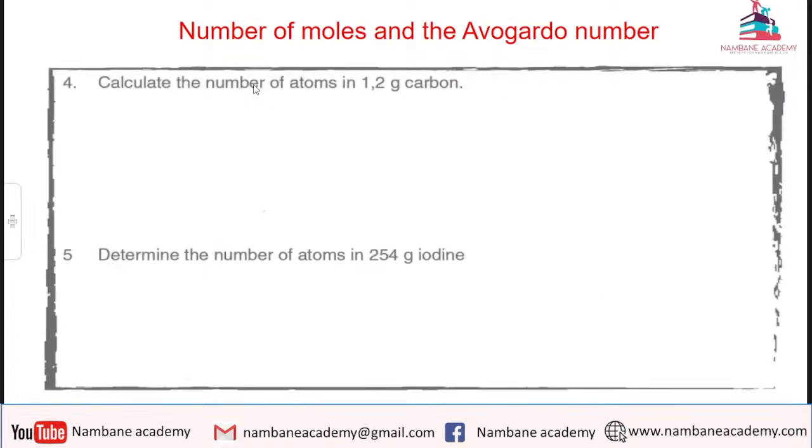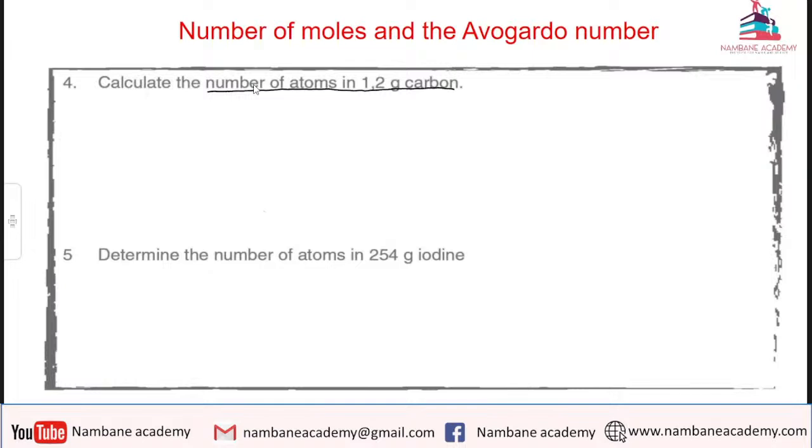Ladies and gentlemen, I am going now to do this one for you. It basically says calculate the number of atoms in 12 grams of carbon. If I want to calculate the number of atoms, there's one thing that I need to do. The very first thing is to get the number of moles. The number of moles of what?